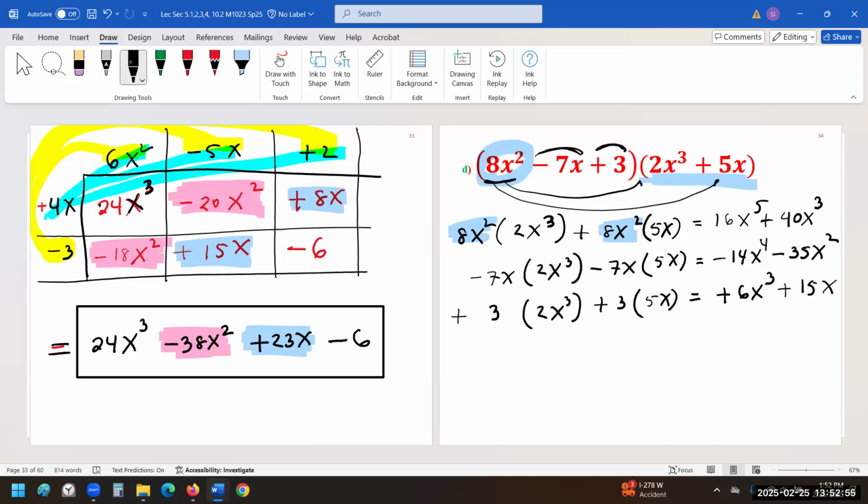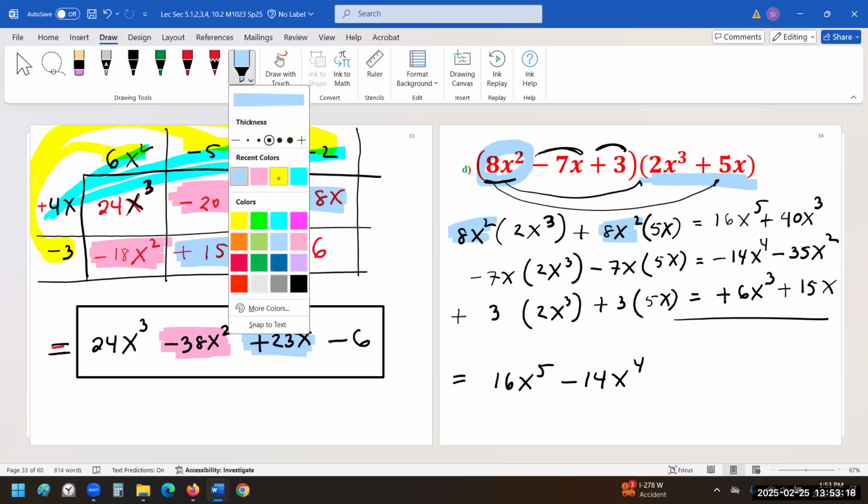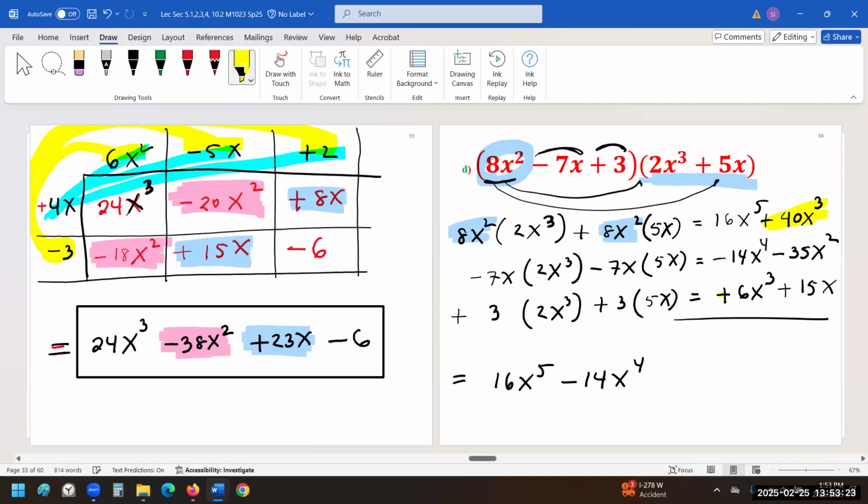So when you add all of these, the first term is 16x to the 5th. Do you have any other 5th term? No, so you leave it alone. There's no other 4th term, so negative 14x to the 4th. Then for the third, we have 2 terms, lucky.